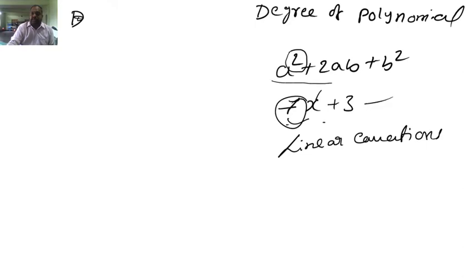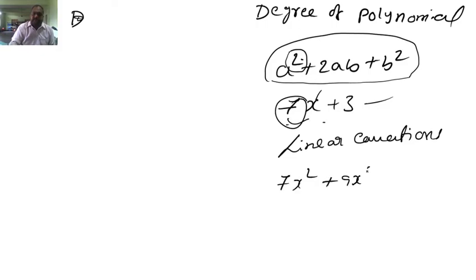In this expression we are having degree 2. This is also called a quadratic equation, whose degree is 2. So 7x square plus 9x cube plus 3x square, if we add these two, it will become 10x square plus 9x cube.